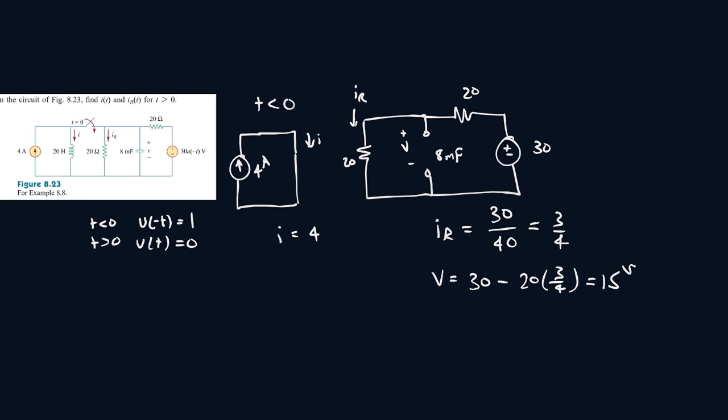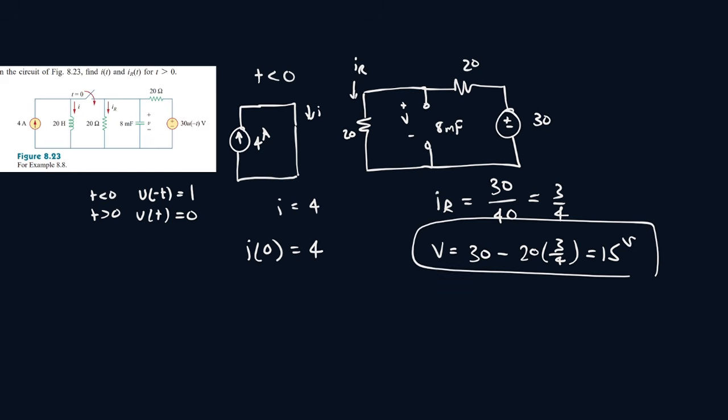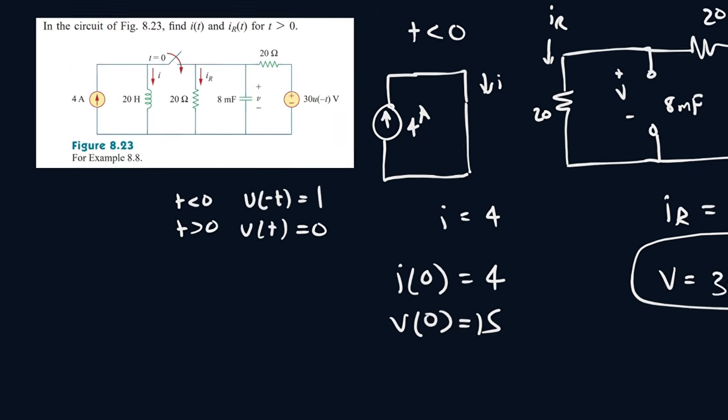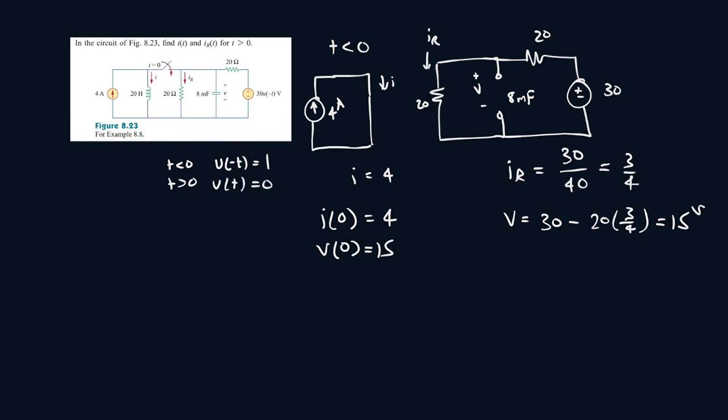This is your current when t is equal to 0, and this is your voltage when t is also equal to 0. Because recall, current passing through an inductor can't change instantaneously, and voltage across a capacitor can't change instantaneously.